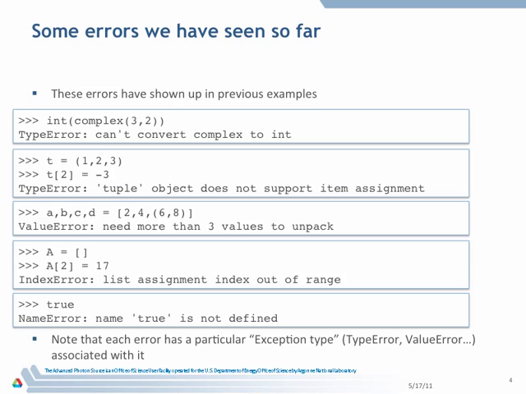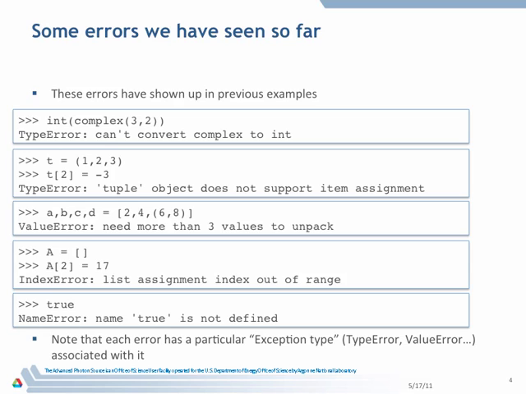So it's worth looking. We asked for an integer component of a complex number, which gives us a type error. Likewise, when we try to change a tuple, we get a type error, because these are errors related to the type that we're working with. When we tried to assign a list with 3 values to 4 values, we got a value error.